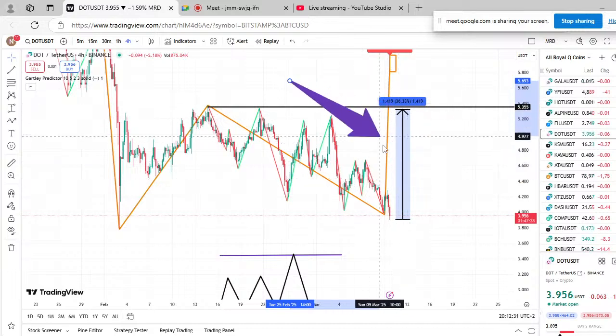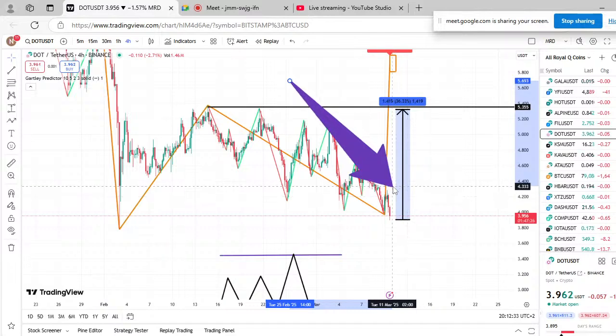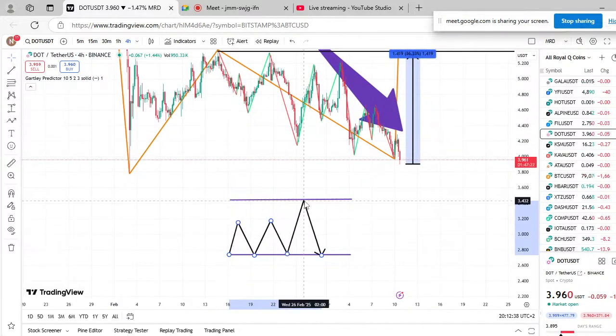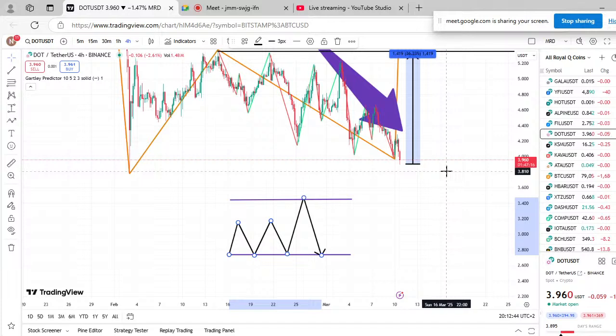Therefore, we need to respect the line here as well. When the market is moving, it will always respect the two lines, support and resistance.